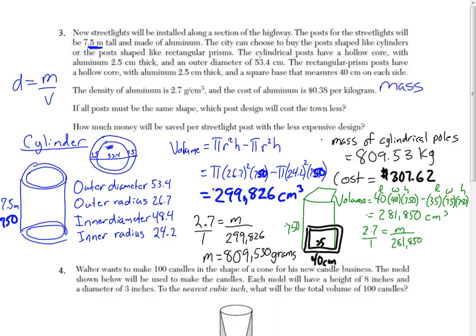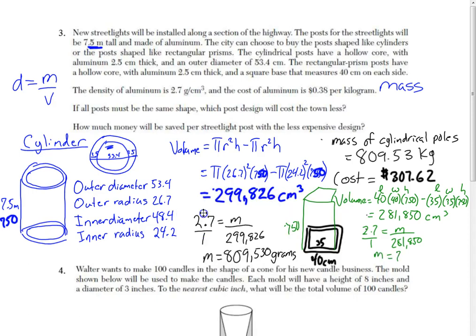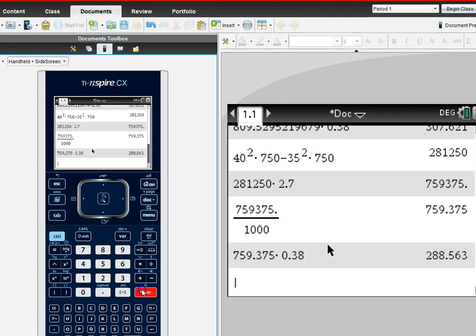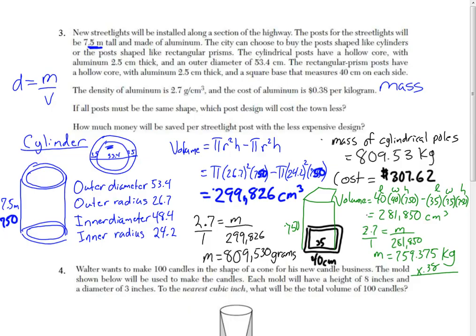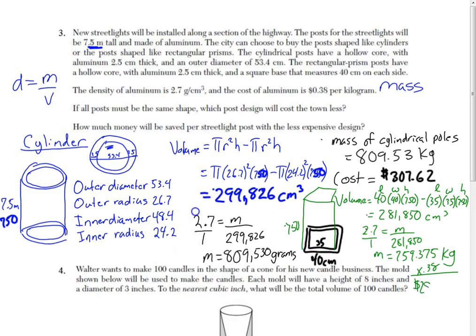So the mass is 759.375 kilograms. And now we know the cost of a kilogram is 0.38, so we're going to multiply that by 0.38, which gives 288.56. So the cost here is going to be 288.56.